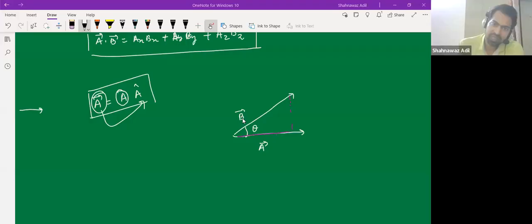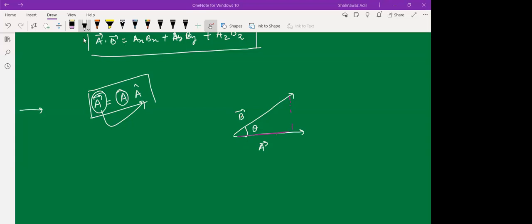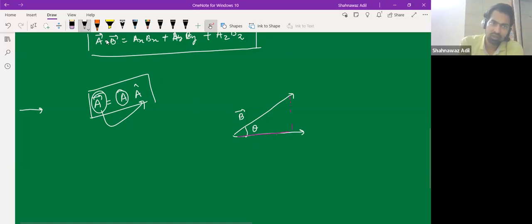So if I'm taking B, the projection of B along A would be how much? B cos theta, right? This is the A vector and I'm taking the projection, which is B cos theta.